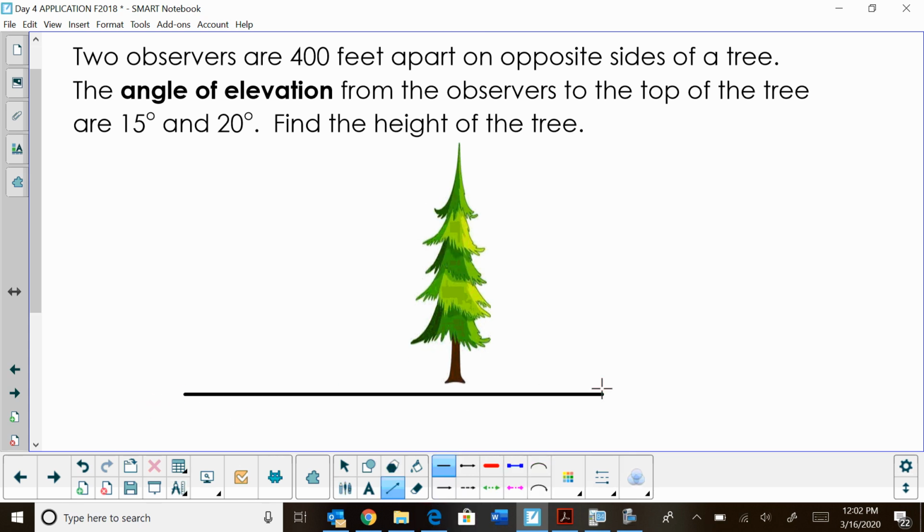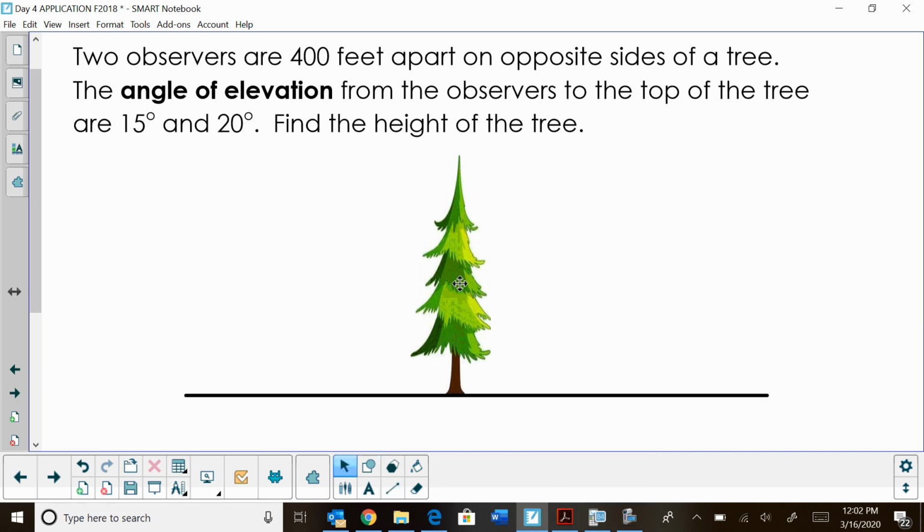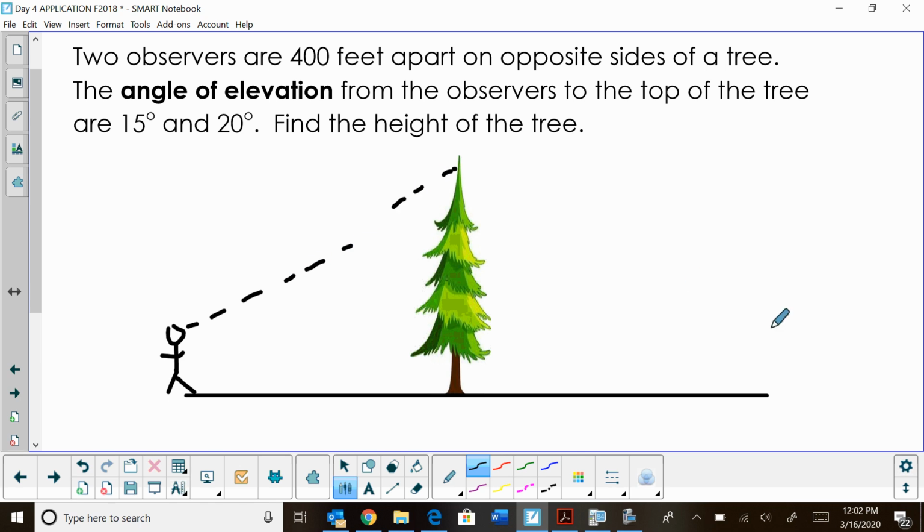So let's draw ourselves a flat ground to put our tree on. Let's draw our people. So we have one observer over here looking up at the tree, all the way up to the top of the tree. And then we have a second observer on the opposite side of the tree, and they too are looking up at the tree.